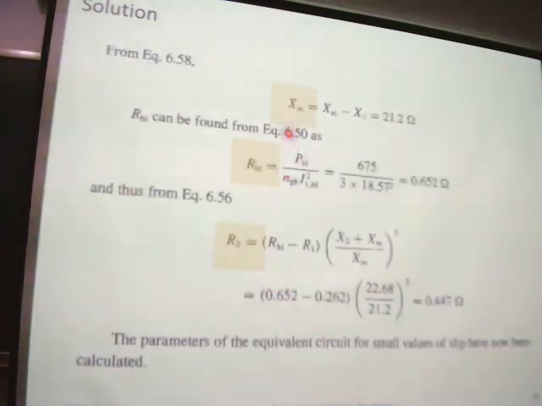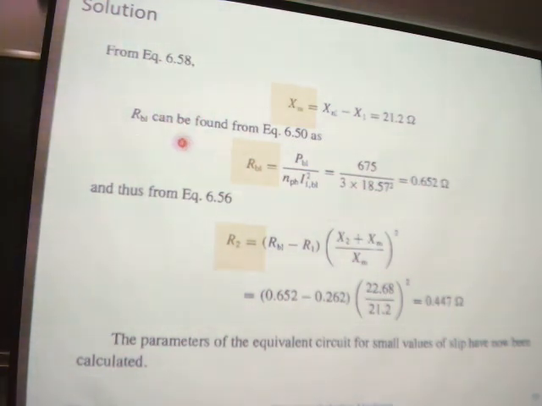Then xm can be obtained because the no load impedance is the sum of x1 and xm. So if we know x1, we can also know xm, with the equation on 58.